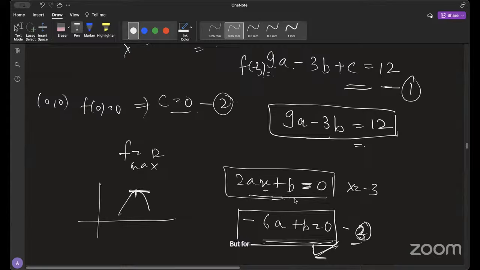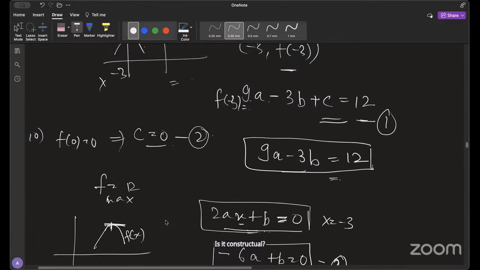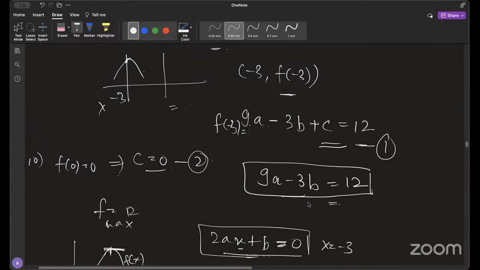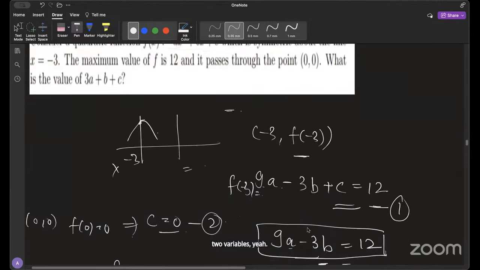But for this equation, this was your value f(x). Yes, what's the doubt? A student said we can find the value of a from the equation 9a minus 3b equals 12. But we only have one equation with two variables. How are you planning to solve this?